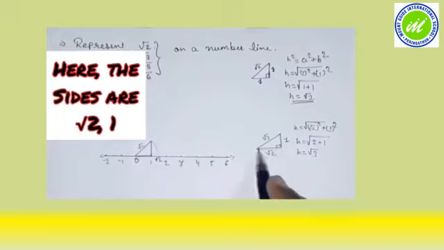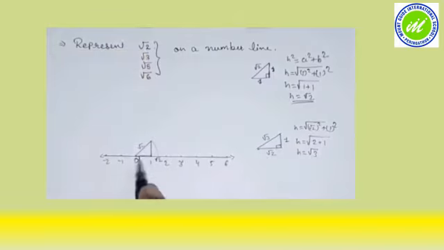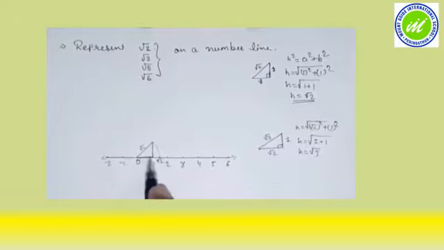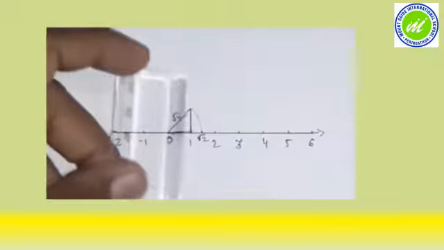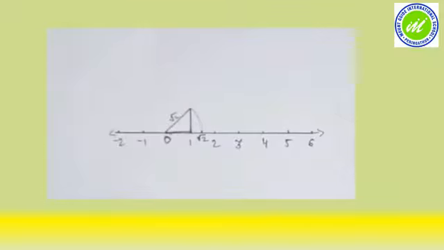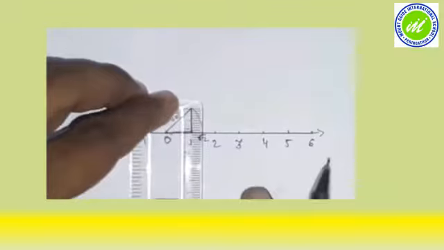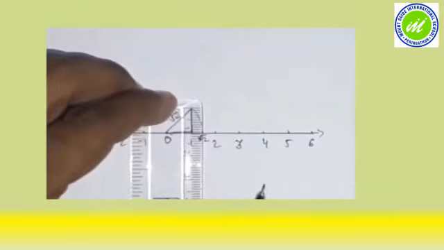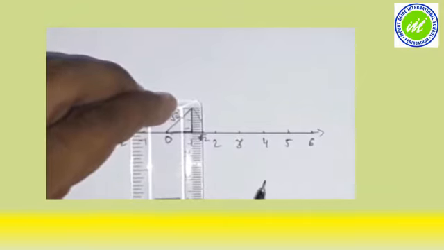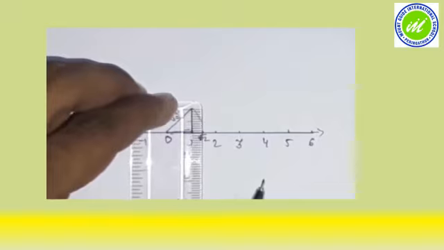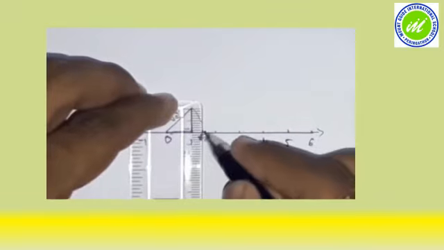Again the same thing, base root 2 and 1 we have to take on here. We know that from this 0 to this is your base root 2. Now you have to just draw 1 centimeter perpendicular. You can see I am drawing it here, 1 centimeter perpendicularly, perfectly we have to draw.